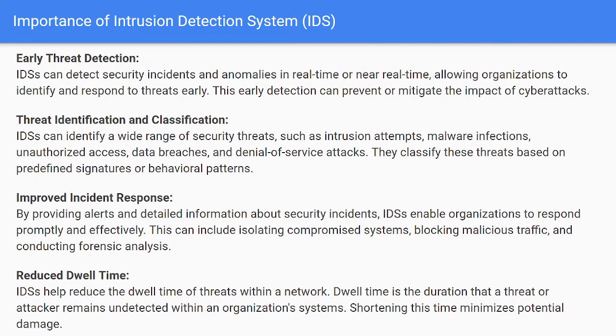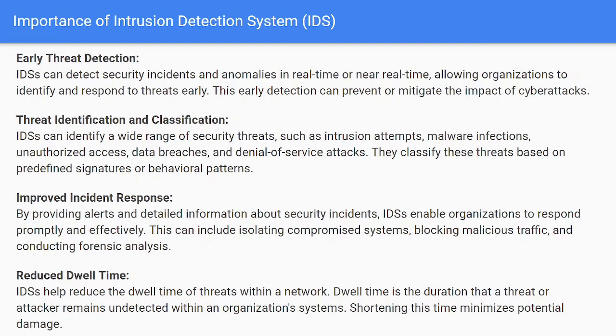So why is it important? Why are we talking about IDS? Why is it something that we need to take note of? You get, so number one is early threat detection. Early threat detection simply means that you want to find out the threat on time. So IDS can detect security incidents and abnormalities in real time or near real time, allowing organizations to identify and respond to threats early.